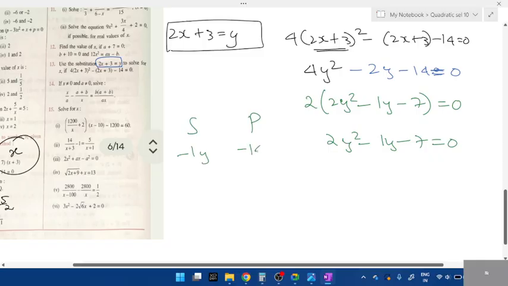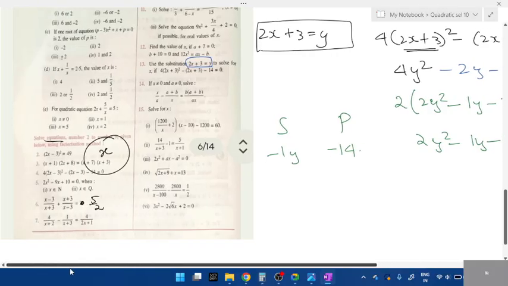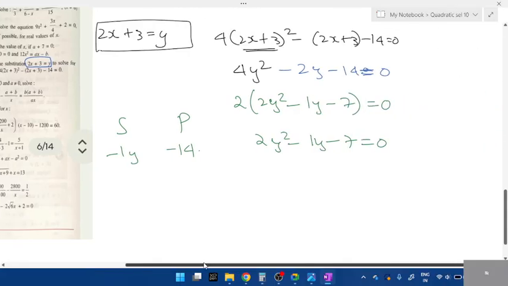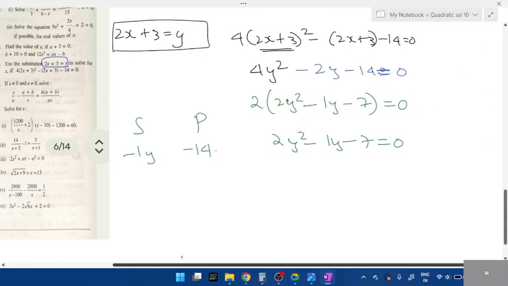Product is minus 14. 2x plus 3. 1 into 14, 2 into 7. Are we getting minus 1 for anything?